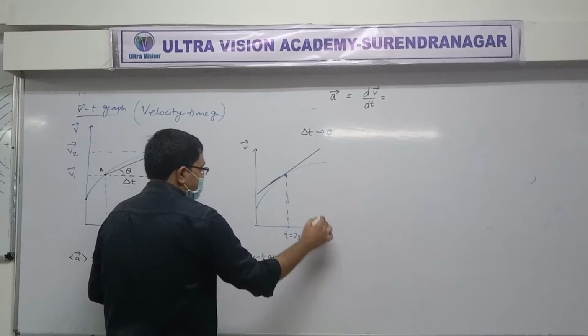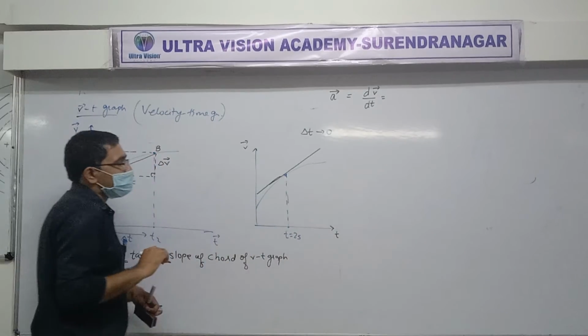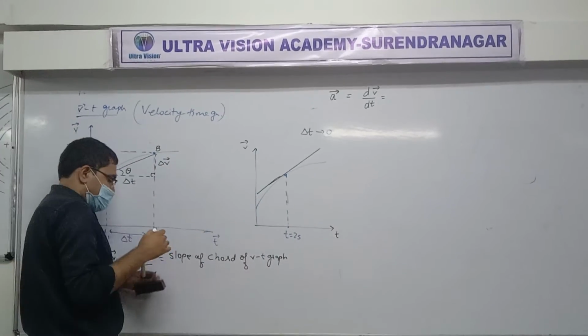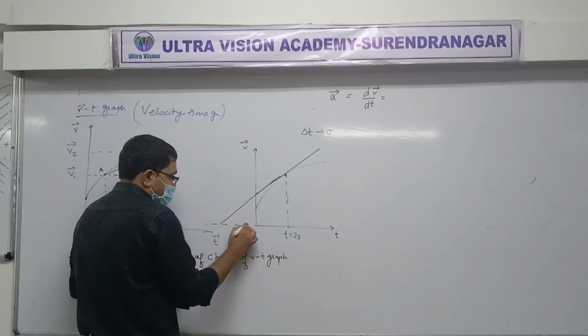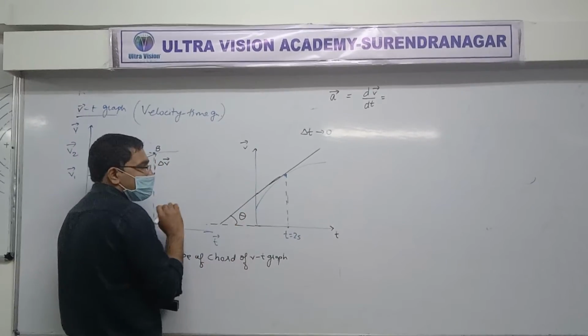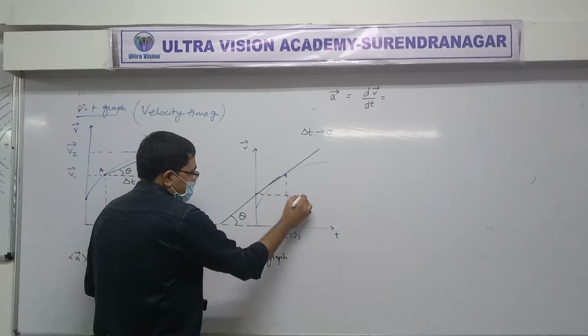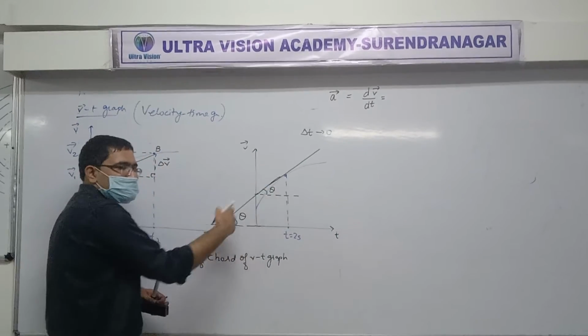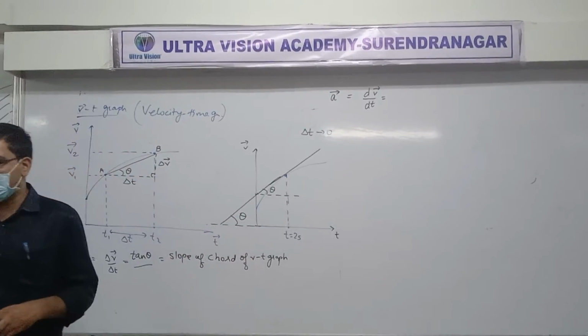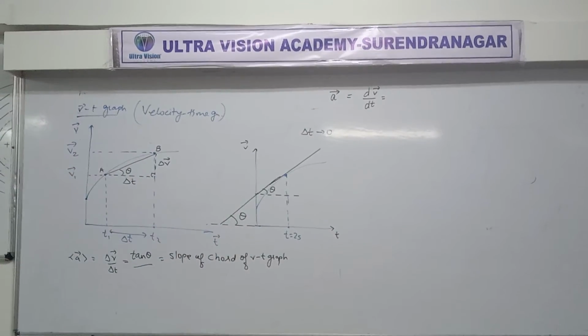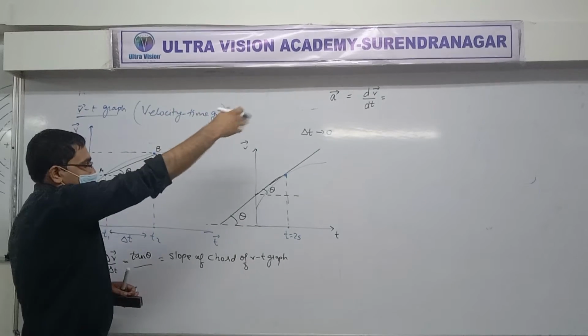Okay, this is a VT graph. Once you draw that tangent, whatever is the slope of that tangent, you can extend it all the way till here, the angle theta. Or you can also draw one dotted line here and say this angle is theta. The choice is yours, theta is the main thing. So what should I write now?